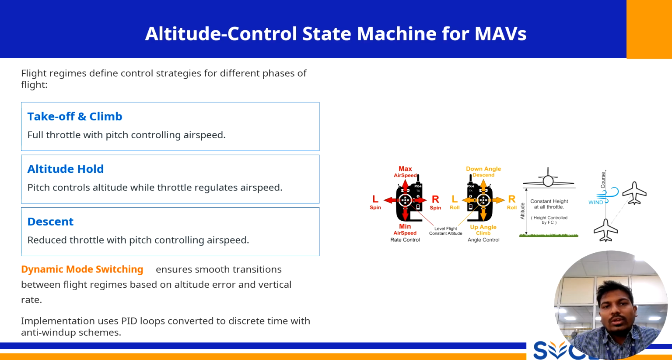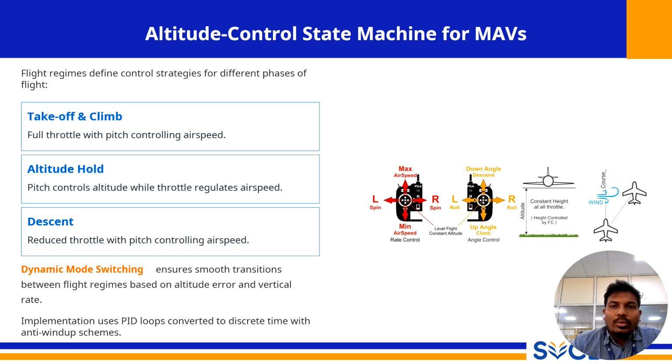The core idea is that different flight regimes define control strategies for different phases of flight. A single set of controls is not optimal for every situation, so the autopilot switches between different modes or regimes as needed.